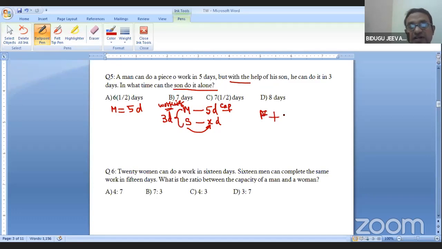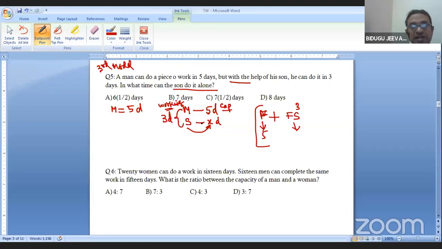Next, the son joined. The father alone can do it in 5 days, right? But both together can do it in 3 days. So X. This kind of question is different. Third model.